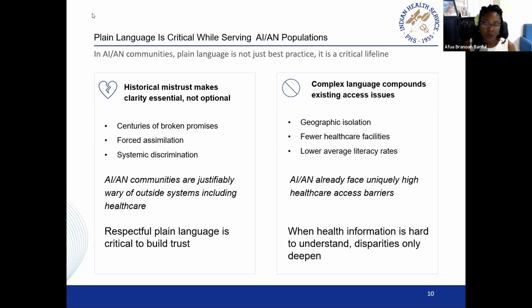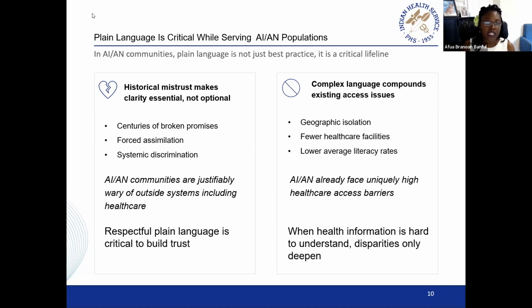You understand these well, the isolation, the difficulty of getting to the health facilities, and on top of that, literacy rates are what we've seen for the whole of the states and even probably a little worse. They're already uniquely high access barriers. So when you add the fact that they don't understand what you are saying to them in the moment, those disparities only deepen.